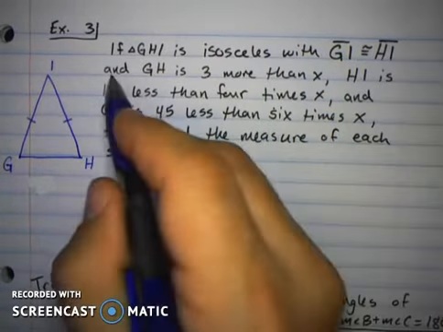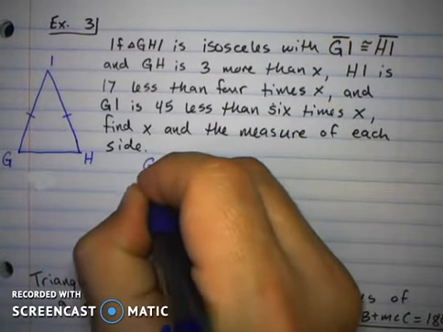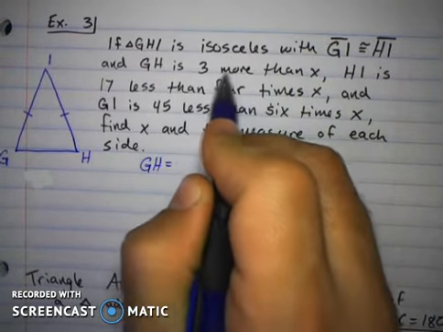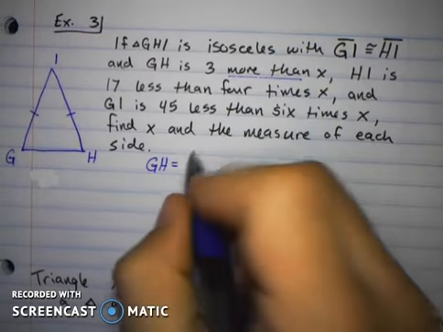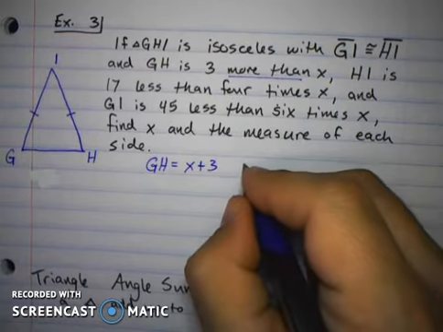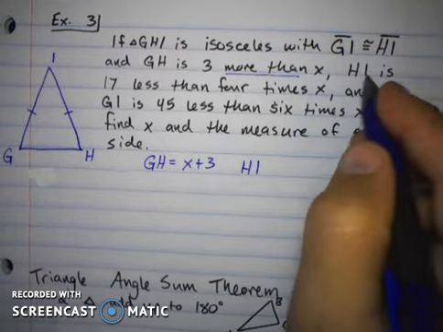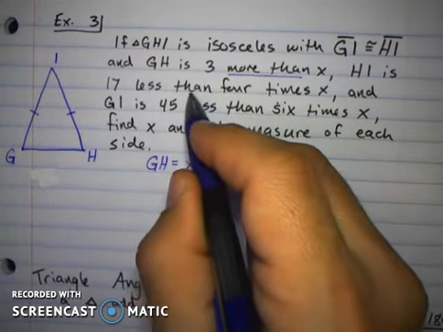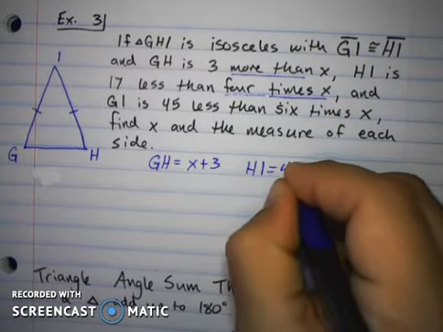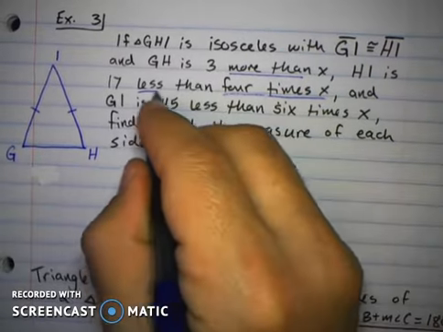So we're going to start with the first one given, GH. GH is 3 more than X. This "more than" phrase means plus. So GH is X plus 3. HI, the next one, is 17 less than 4 times X. We have to do the 4 times X first because subtraction for "less than" is important.